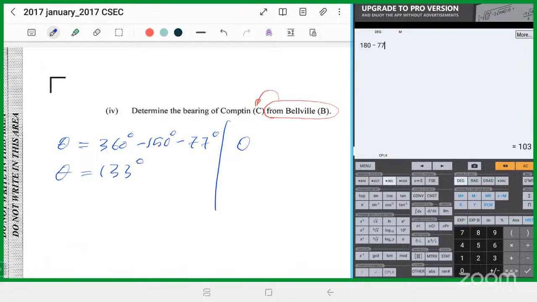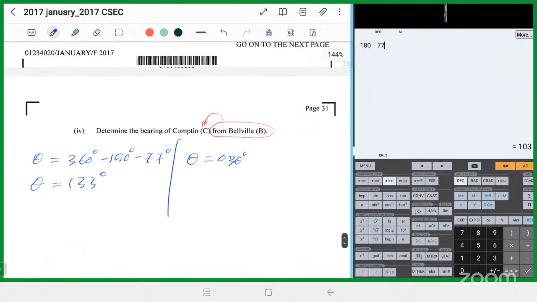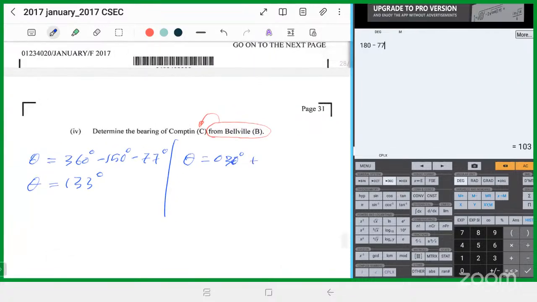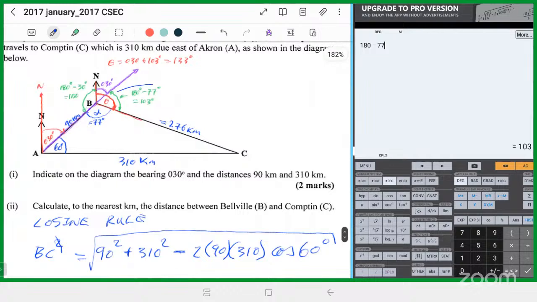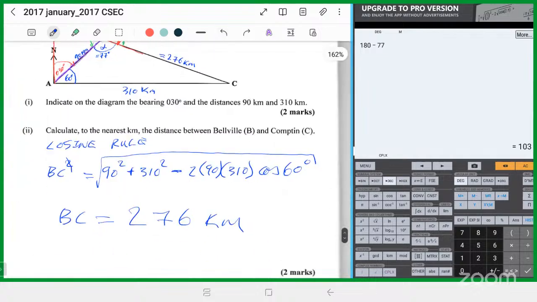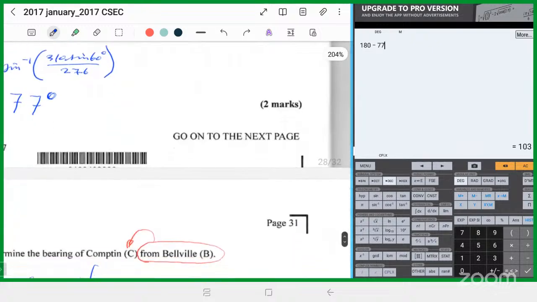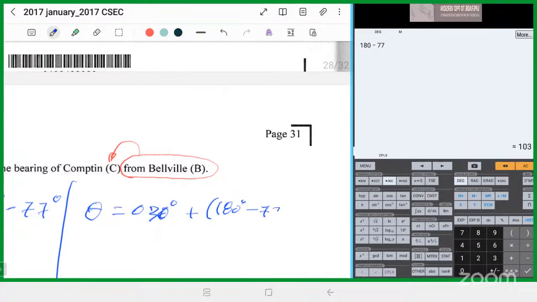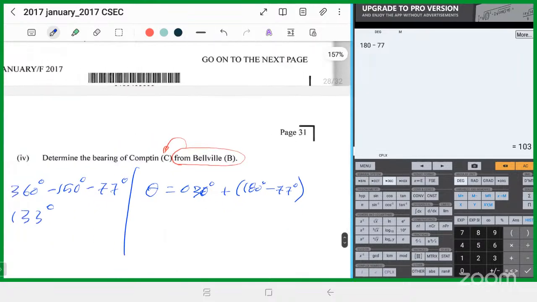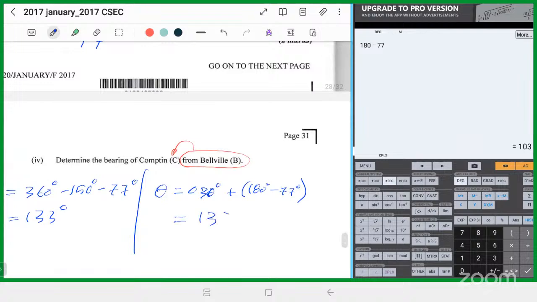Or we could say theta equals 30 degrees plus the angle that we got here, which was 180 minus 77. So you get 133 again. Take it, that is the bearing angle there. Okay with that? Yes, sir.